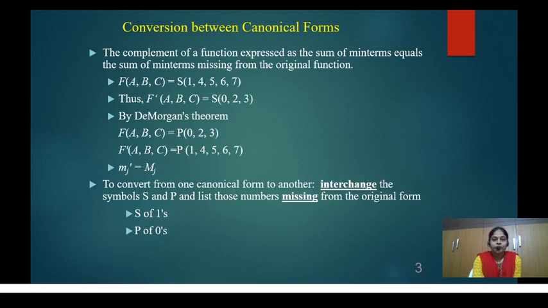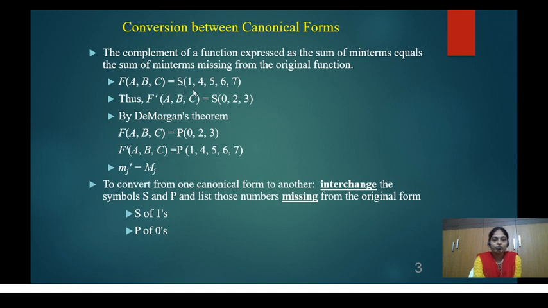Conversion between the canonical forms: the complement of a function which is expressed as the sum of minterms is equal to the sum of the complement minterms. Here the function is f of a, b, c with the terms 1, 4, 5, 6, 7.